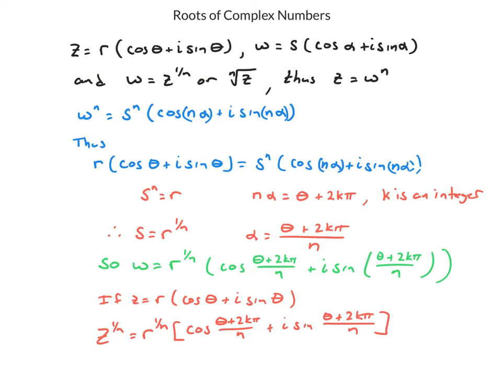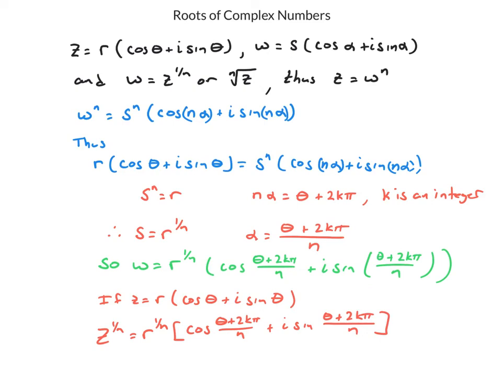So, therefore, we know this here is equal to z, and z is this. So I have that r times cosine of theta plus i sine of theta is equal to s to the n times the cosine of n times alpha plus i sine of n times alpha.